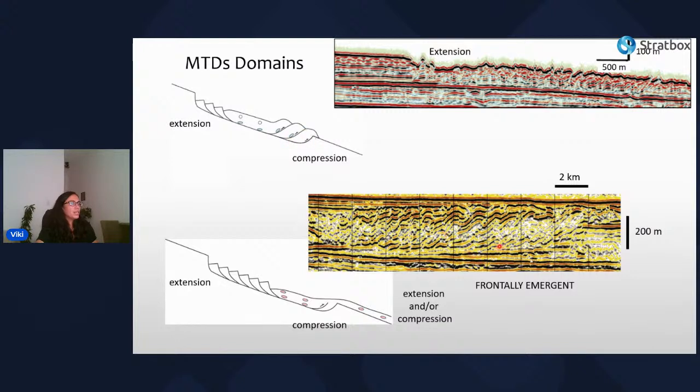And in this frontally emergent MTD, we can see that this mass transport deposit hits a ramp, and we have these thrusting folds in here. So let me go to Stratbox to show you an MTD model from Western Argentina.